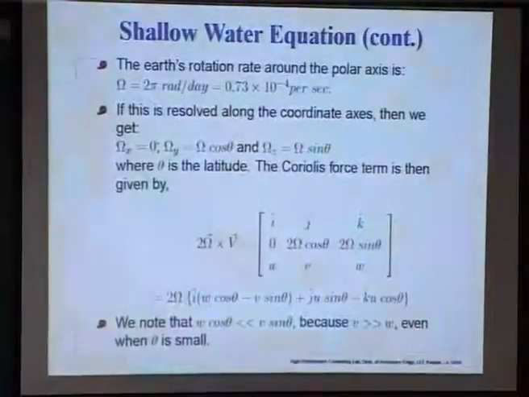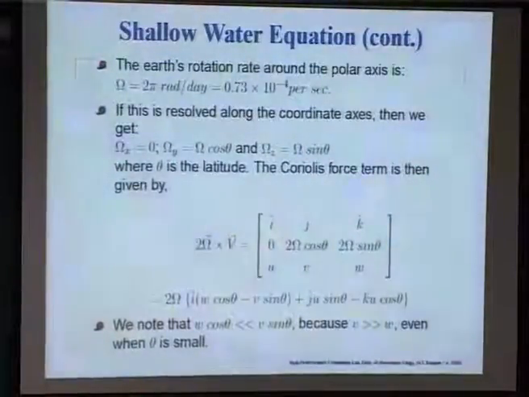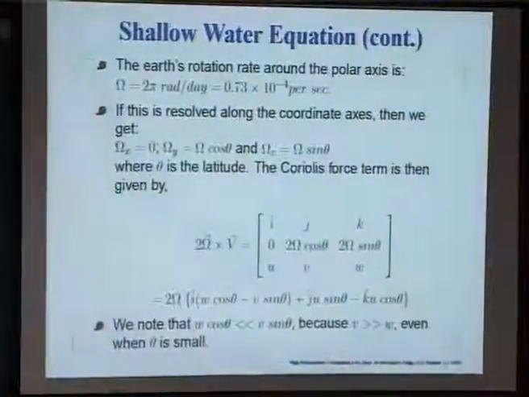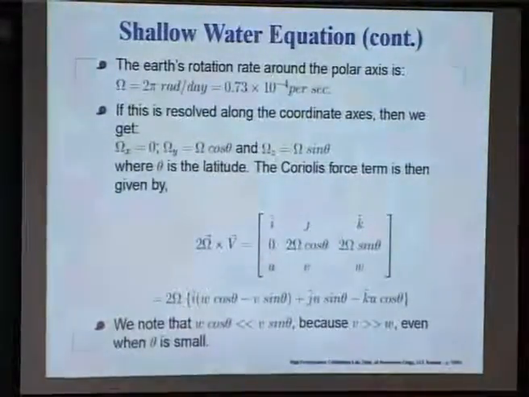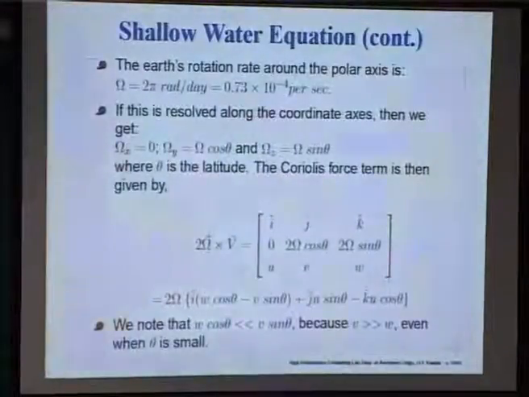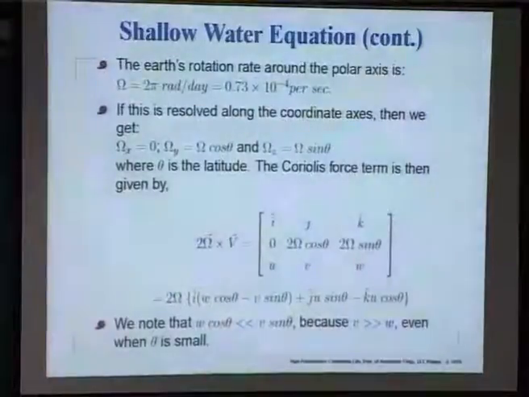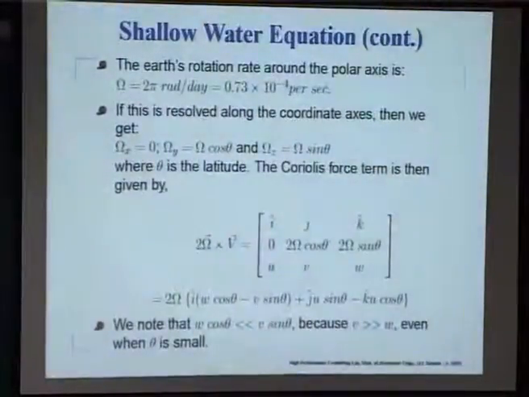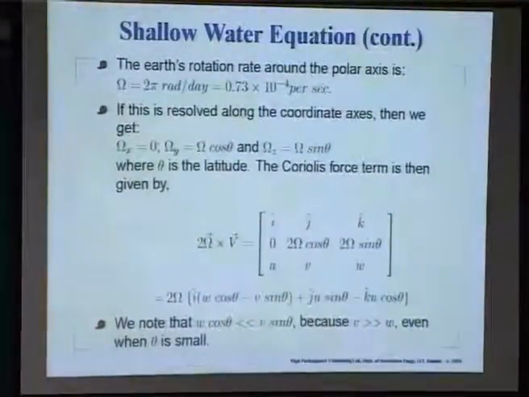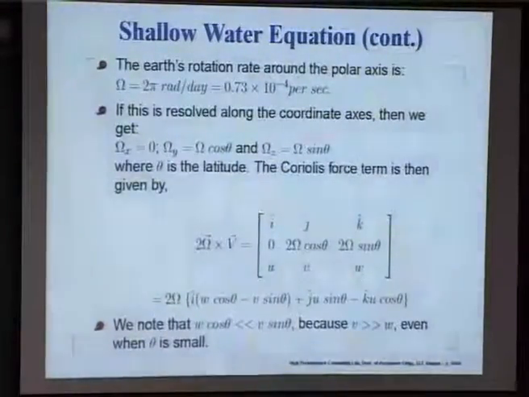At the same time, we have already noted that the vertical velocity scale W is significantly lower than the horizontal scale. So, therefore, we could neglect W cos theta term as compared to V sin theta in this I component, right. So, we can make some kind of a significant simplification there.